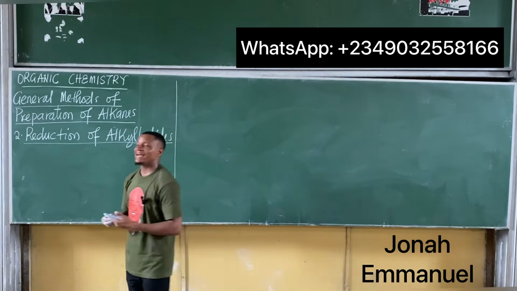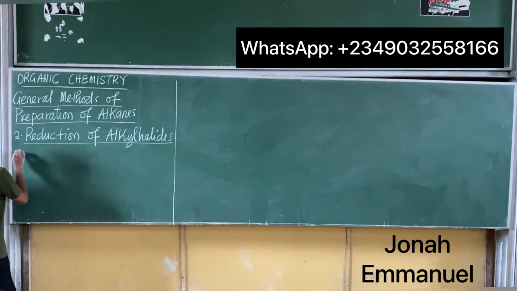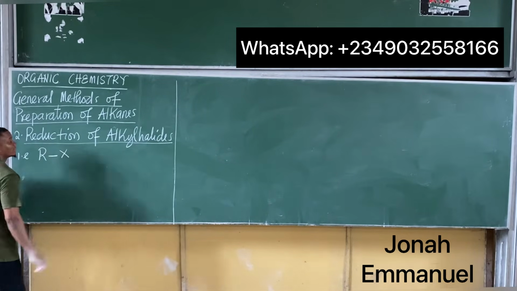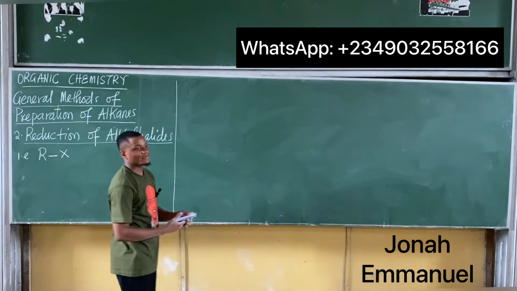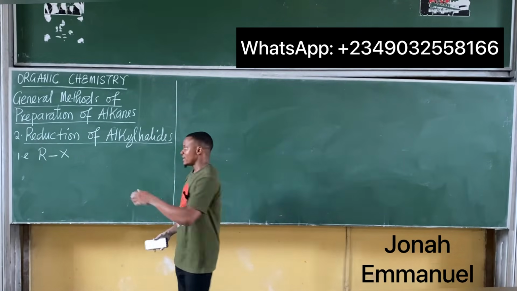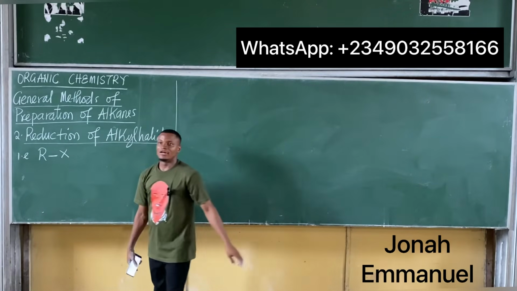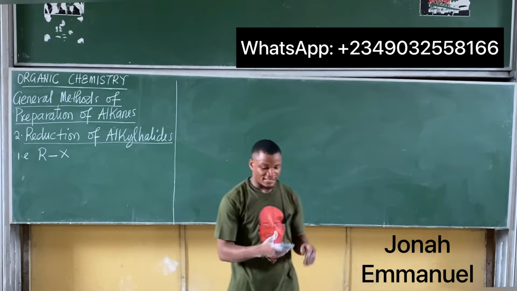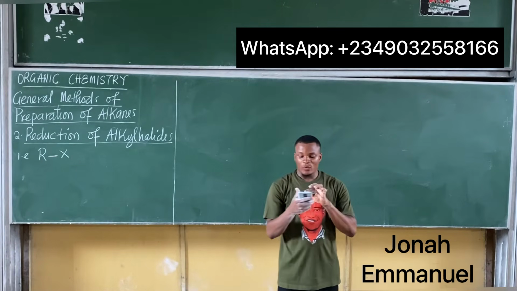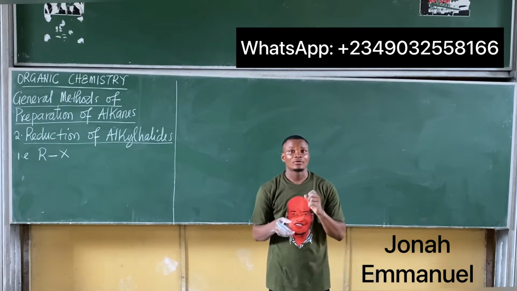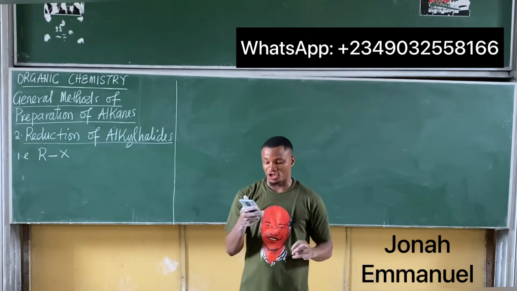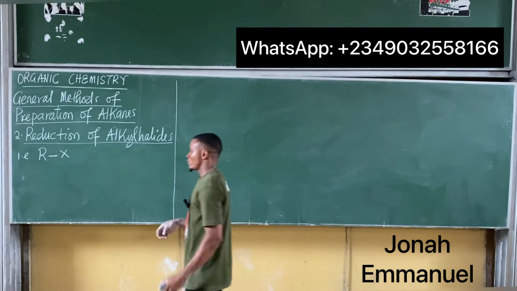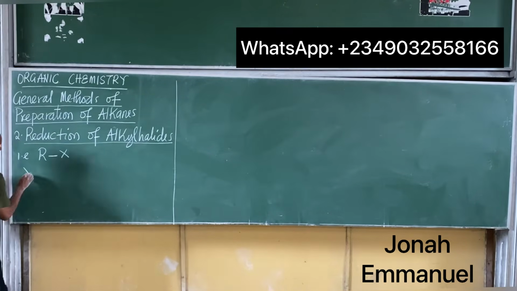By alkyl halide, you mean RX. So alkyl halide is represented by RX, where X is a halogen.